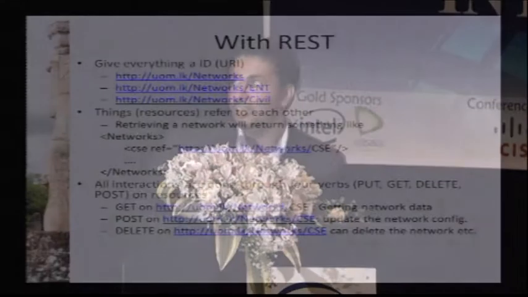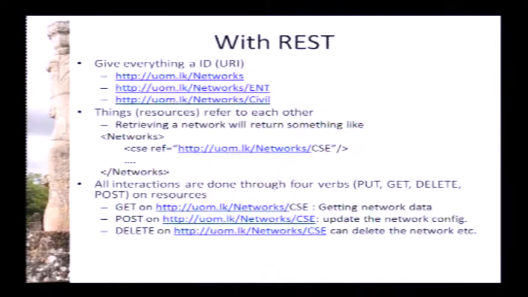Now, if you use REST, it's all about nouns. You basically identify every resource in it. If you are thinking about the Moratuwa network, and I'm only looking at the simplified view, you can think that the electronic department has a network, the civil department has a network, and so on and so forth.